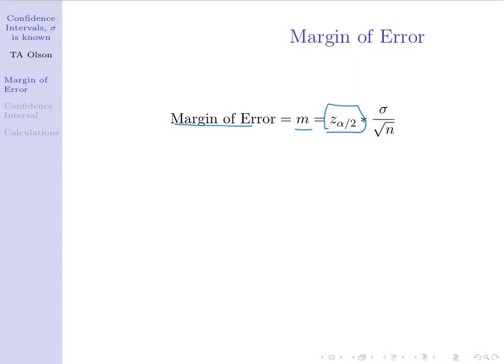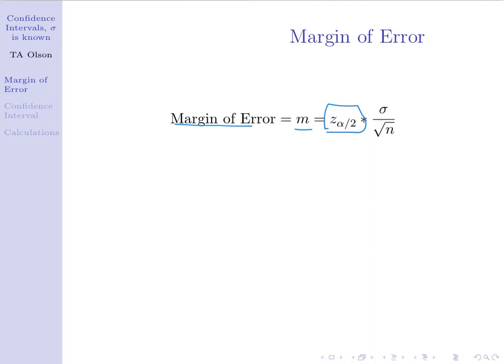Remember, our Z-score was related to our standard normal distribution, where 68% of the data is one standard deviation away, right? So Z is plus and minus 1. Plus and minus 2 is going to be about 95%. We're going to refine that a little bit, so 95% is going to be something close to 2, plus or minus 1.96.